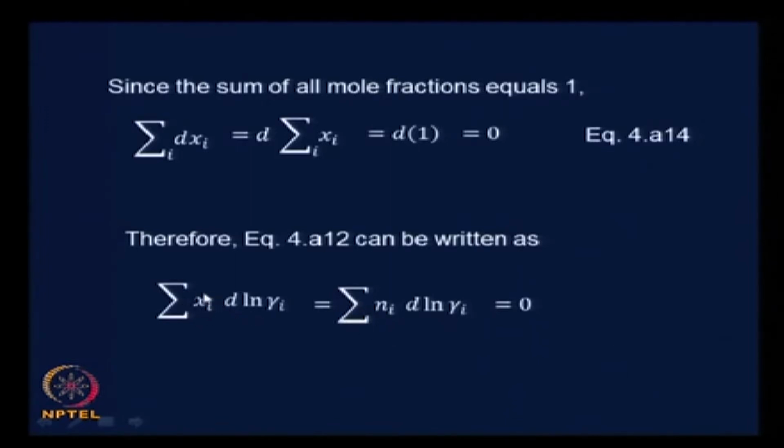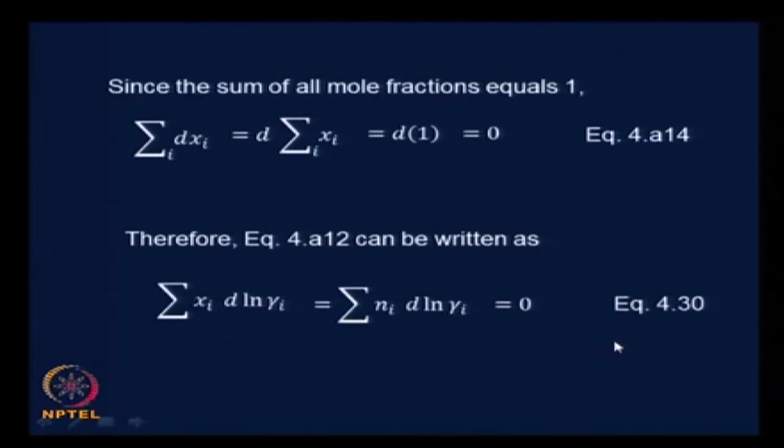Xi is nothing but ni divided by the sum over all mole numbers ni, and therefore if you multiply both sides of this equation by sum over all ni, this would become sum over ni d ln gamma i equals 0. This is what we had started out to show. We will call this equation 430.